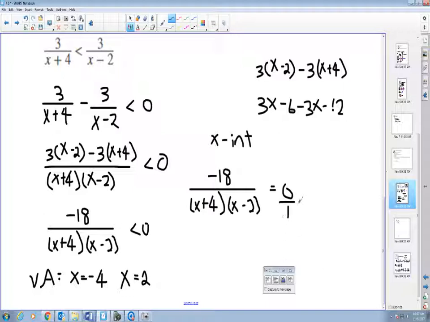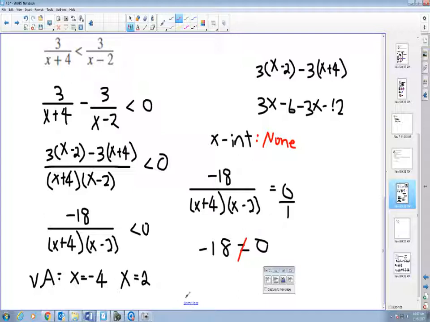Use my little cross product. Negative 18 times 1 is negative 18. Set it equal to 0 times this thing down here, which will be 0. So that tells me negative 18 cannot equal 0. That means I don't have any x-intercept. This has got vertical asymptotes.